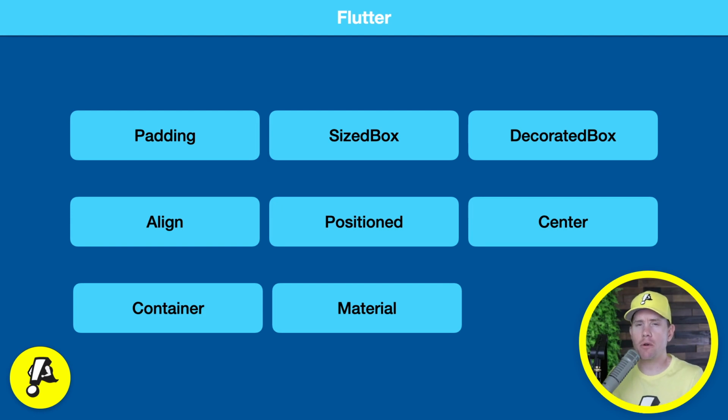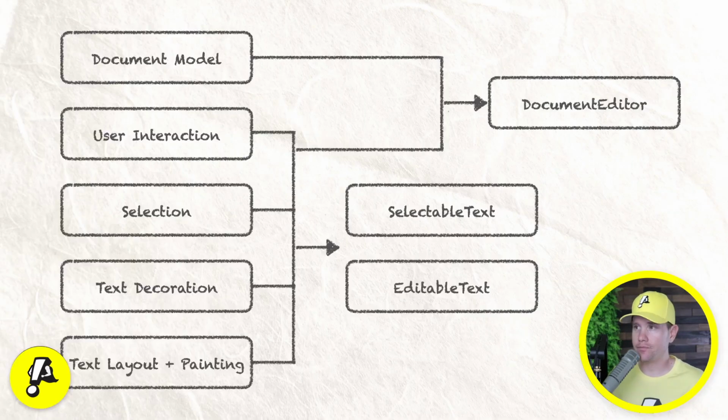Each one of these does almost nothing on its own, but put a handful of these together and you've got a real interface. Flutter was very good about using aggressive composition for all sorts of widgets unrelated to text, unrelated to documents. I think Flutter should rediscover that commitment to aggressive composition when it comes to text and documents.